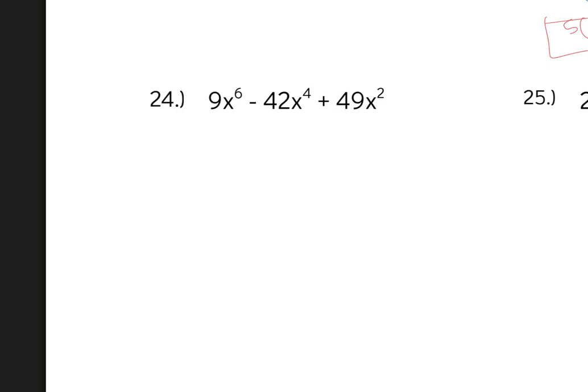I don't think you can factor out anything from the coefficients, because this is only divisible by 7. 7 times 7 is 49, and this is 6 times 7, but this is 9, which is not divisible by 7. So, okay, they have an x squared in common, so let's take that out.